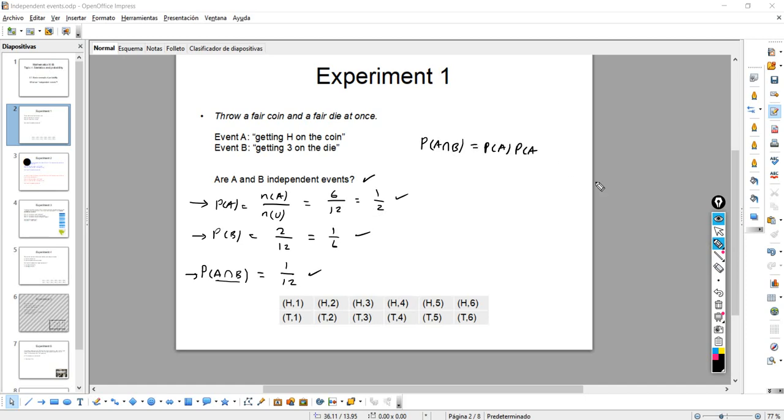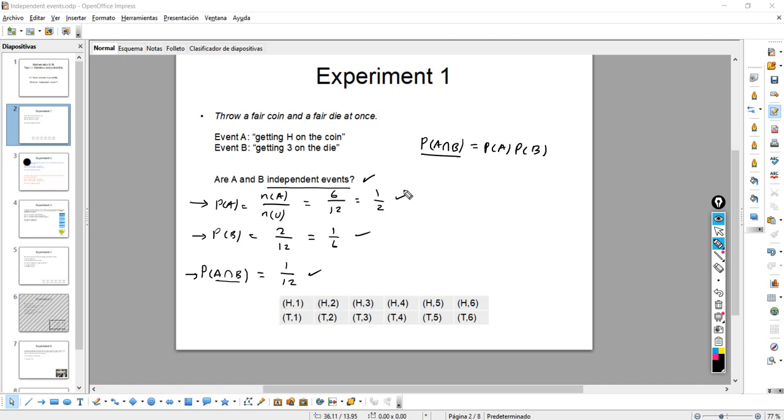Remember, the formula for the probability of A and B is equal to the multiplication of the probabilities of each of these events independently, only in the case of independent events, when you know that A and B are independent. So let's see if it actually checks with this experiment.